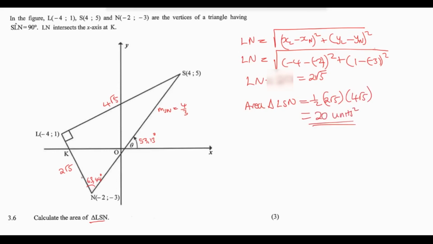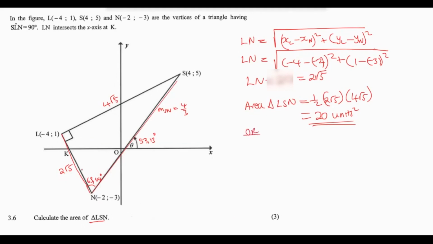Remember, we found the angle LNS, so you can use the area rule. Remember the area rule? We have this side, we have the angle, we need to find SN. We need to find the length of SN so that we have an included angle here. That's another method.